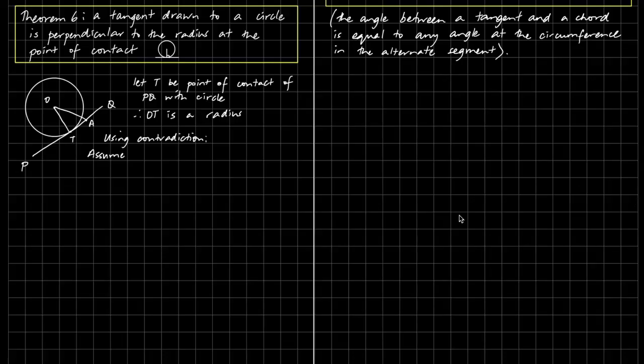So assume the right angle is at some other point A on that same tangent PQ. So in other words, what we're saying is assume the angle, let's call it OAT, is 90 degrees.